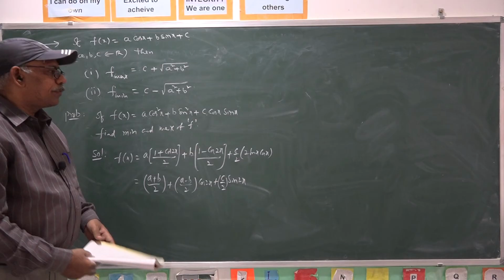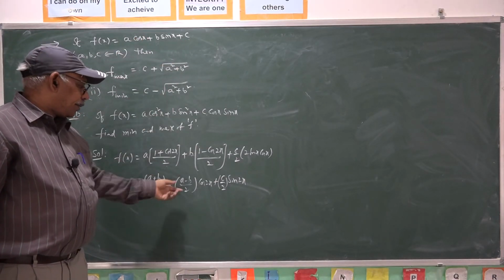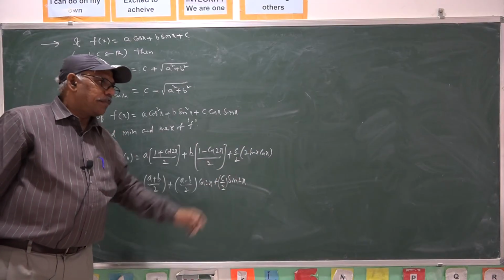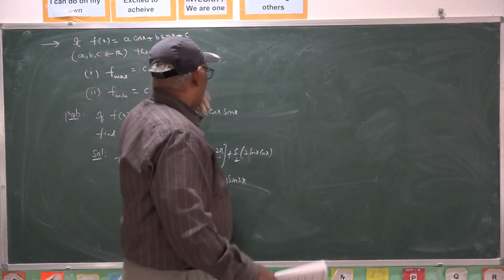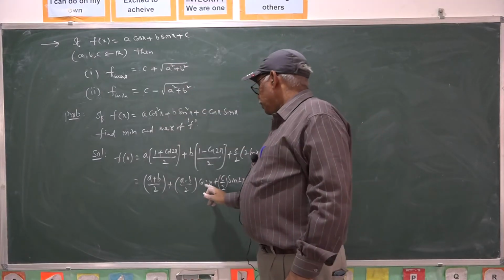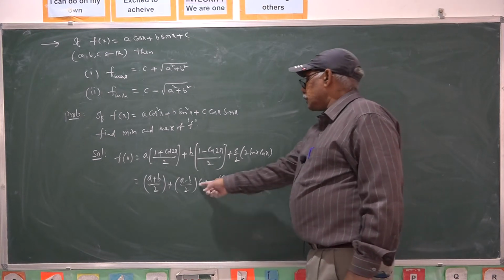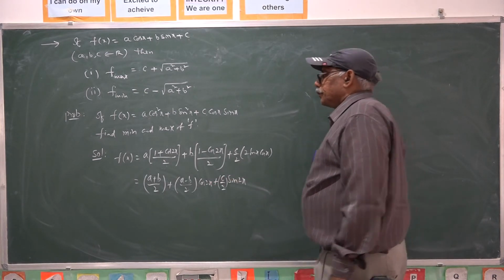Now clearly this is of the form constant plus some A into cos function plus B into sin function. So you can apply the same. Instead of x, here we have 2x, the angle is 2x. You can take 2x as theta, this is cos theta, sin theta.